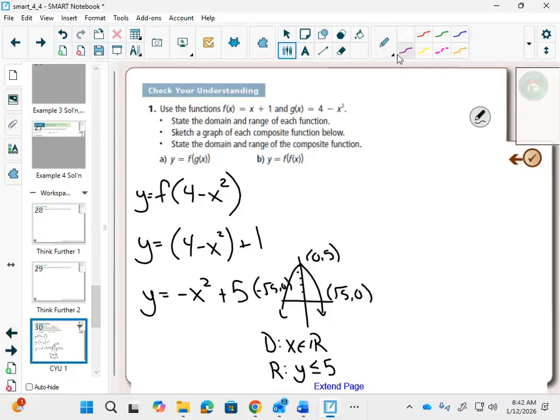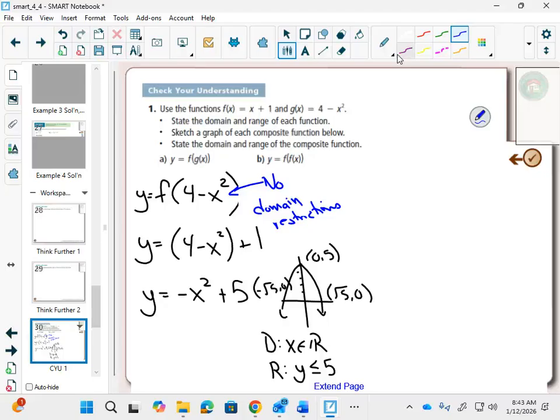Sometimes the tricky thing with composition of functions, and it didn't happen in this case, but I'm going to make a note here. Sometimes it's going to happen that a question has a domain restriction early that goes away.